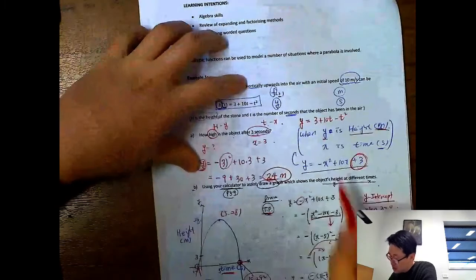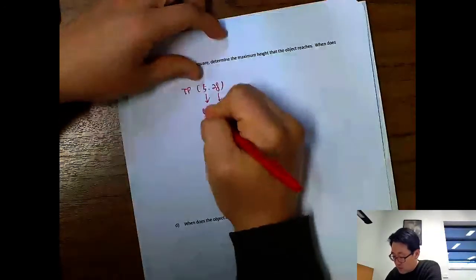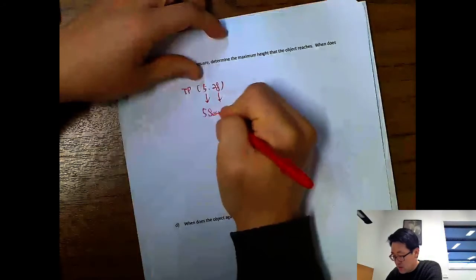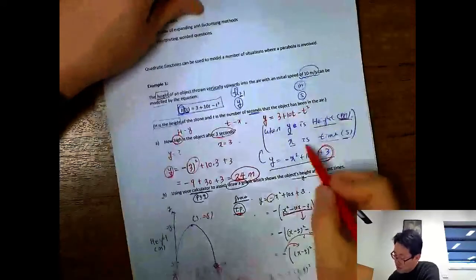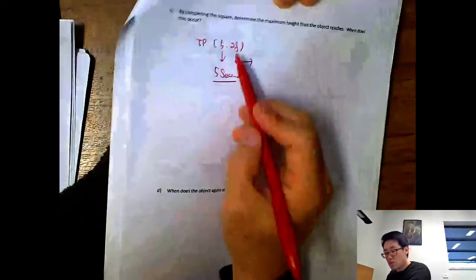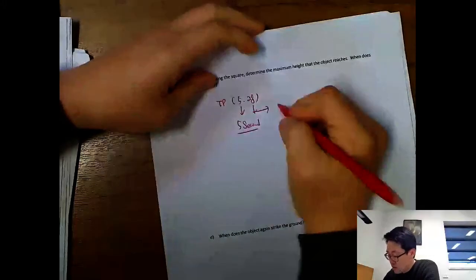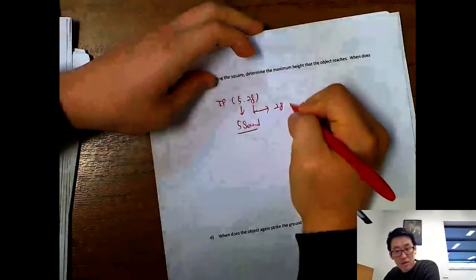What does the x value mean here? The x value is time. So that's 5 seconds. 28. The y value is what? Height. 28. What was the unit? Meter.